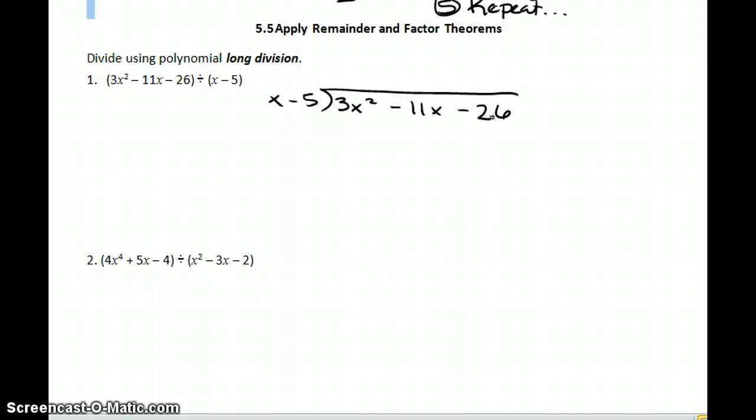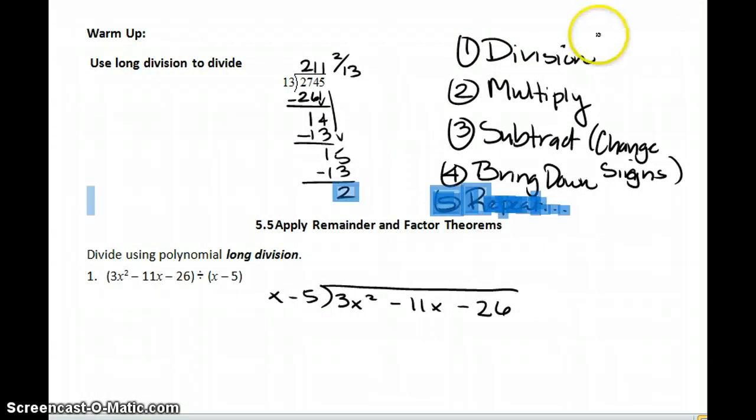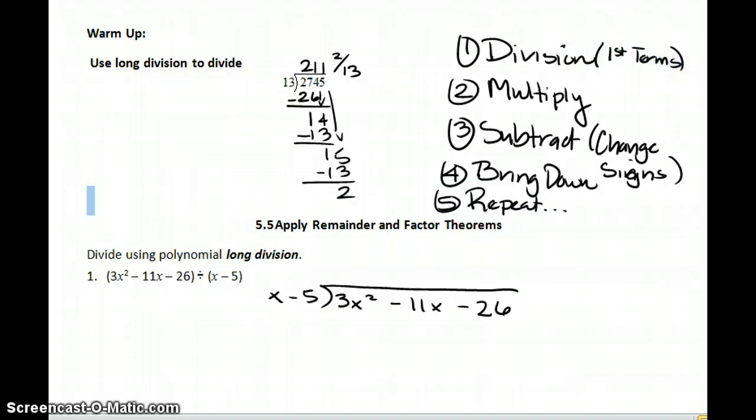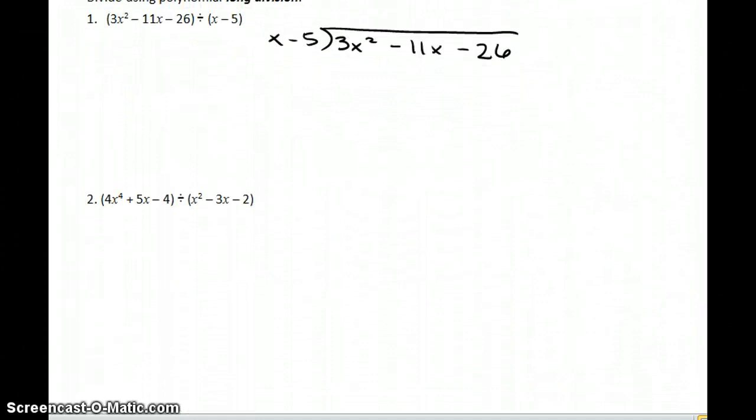So when we divide for polynomials, you don't have to divide this whole thing into this whole thing. It's just not easy for us to wrap our minds around. So instead, we're going to look at the first terms. Actually, if you'd like to, you can go back up here and give yourself a note and put first terms, because that might help us out just a little bit.